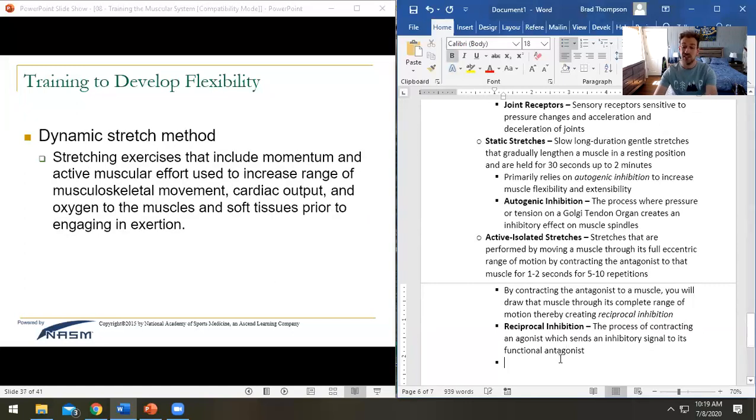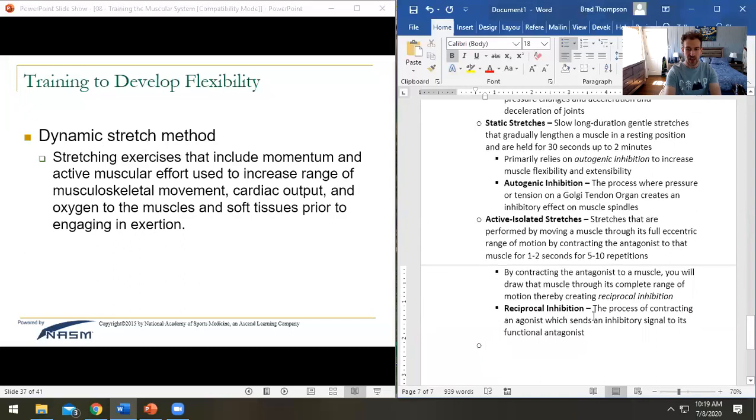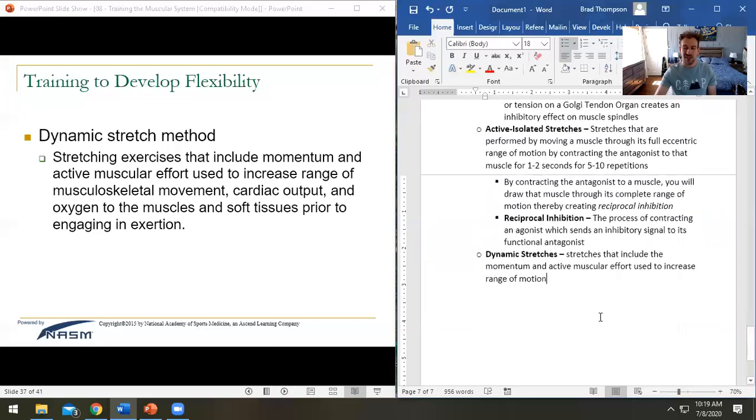Now, we're also going to see dynamic stretches. And dynamic stretches are stretches that include the momentum and active muscular effort used to increase range of motion. So you're basically going to contract a muscle which will drive another muscle through its full range of motion.